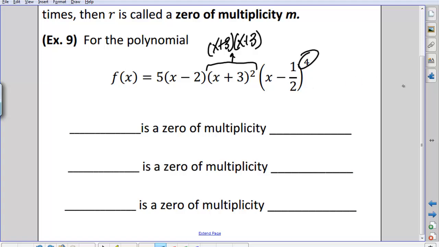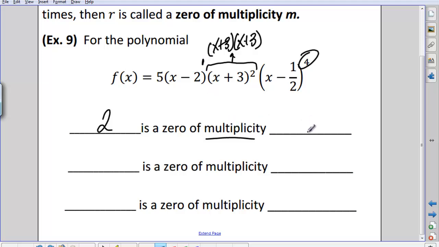So we can have repeated zeros, and we refer to this as a multiplicity of that 0. And don't let that word throw you. It's a pretty simple thing we're doing here. The first 0 of this polynomial is positive 2, and it is a 0. Okay, that factor appears once, right?